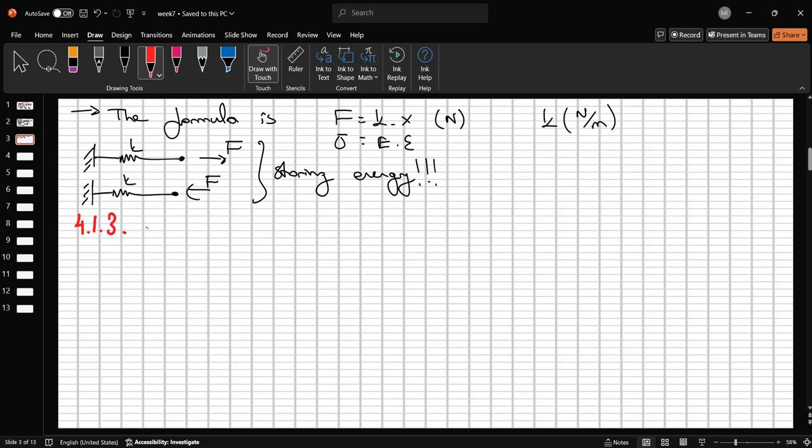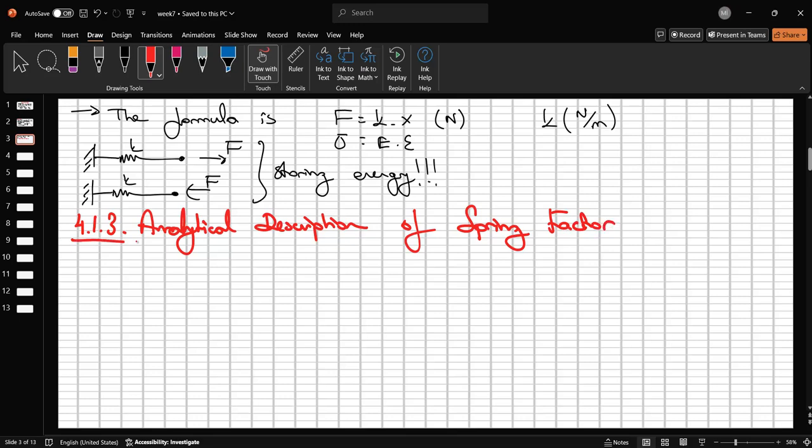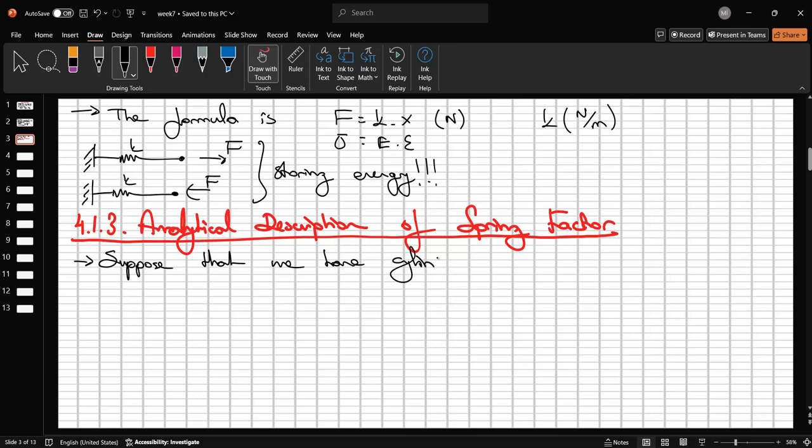4.1.3 Analytical description of spring factor. Suppose that we have a cylindrical rod like this one.